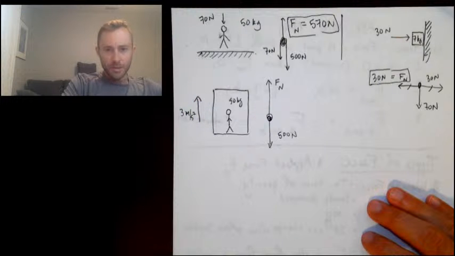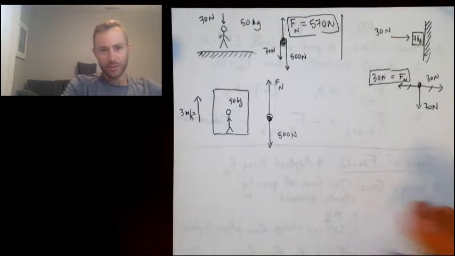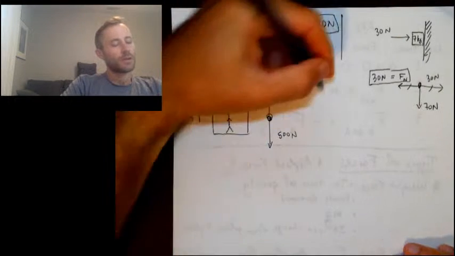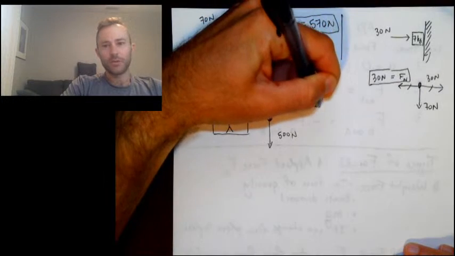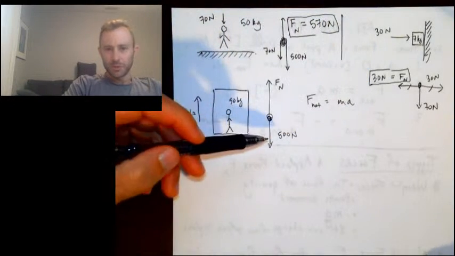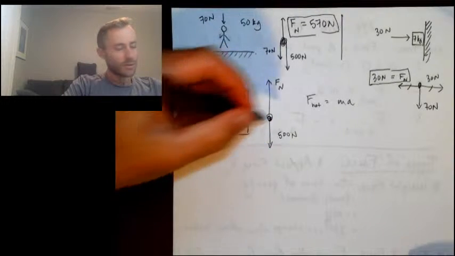Okay? So we've got to have normal force bigger than weight force in this case, because if not, the person would not be moving upward with the elevator. So we have net force equals ma. The net force is going to be upward forces minus downward forces.